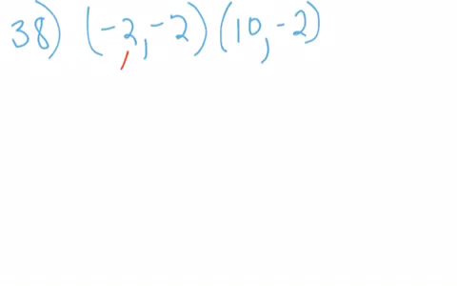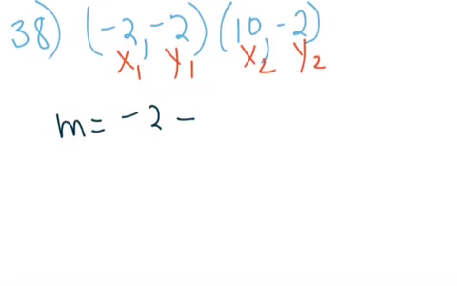So the first thing we need to do is label our points, x1, y1, x2, y2. So to find the slope, we take y2, which is negative 2, minus y1, which is negative 2, over 10 for x2 minus a negative 2 for x1.